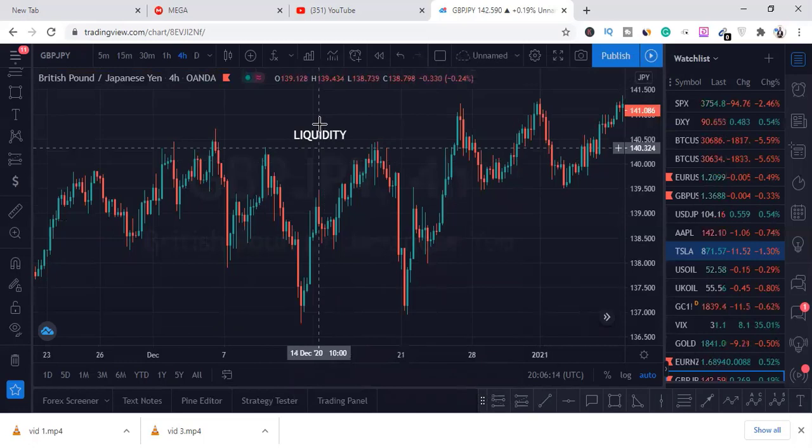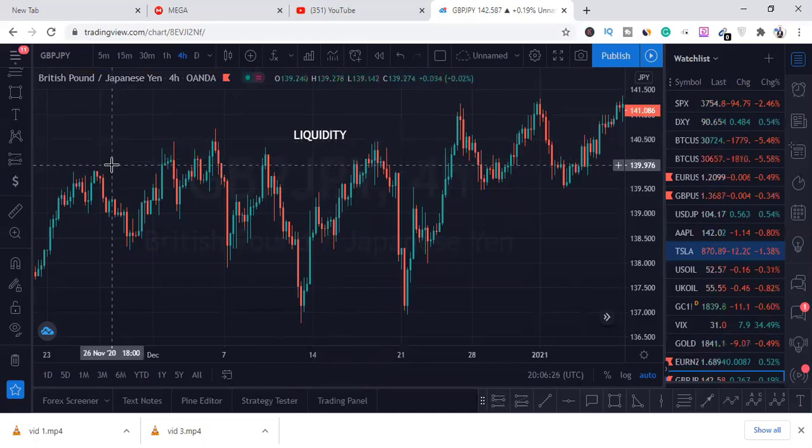All right, now this is when the banks or the institutions create, should I call it, a platform? They are putting these things there purposefully so that retail traders will be stopped out, because it is when we lose money that they make money, and they are the market movers. That's why they are called the market makers.